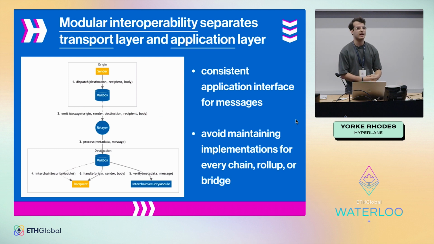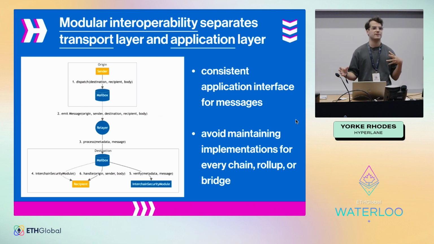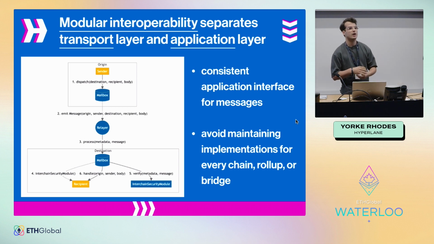So instead, we can have this universal interface that looks like a message passing interface. And under the hood, depending on the path that we're taking, we can leverage different underlying transport layers. But the application developer shouldn't have to necessarily understand that.